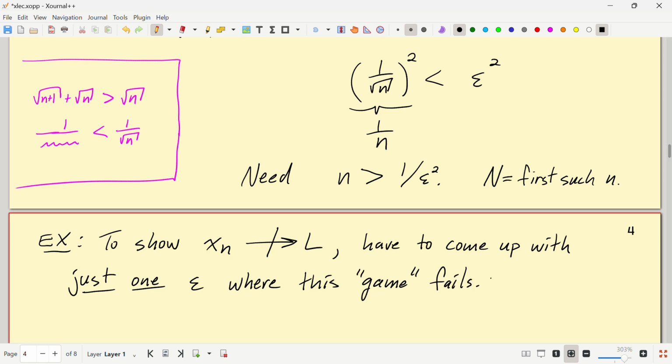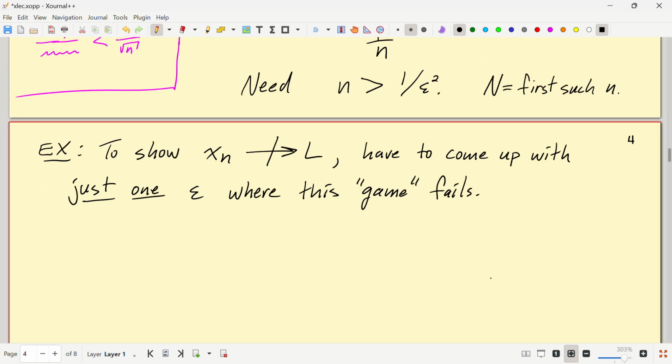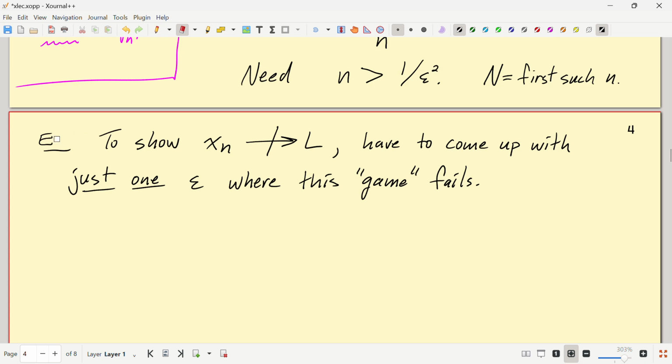Okay, so the classic example is the alternating sequence between +1 and -1. Let's see, x_n equals (-1)^n. That alternates between being +1 and -1.